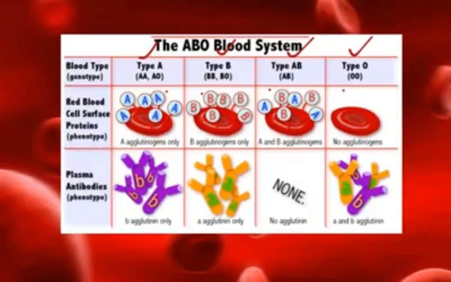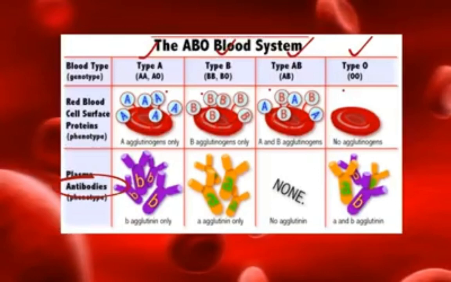What's interesting is that if you have type A blood, you build up B antibodies. An antibody is a protein that is going to help destroy or fight off things that don't belong in your blood and in your body.